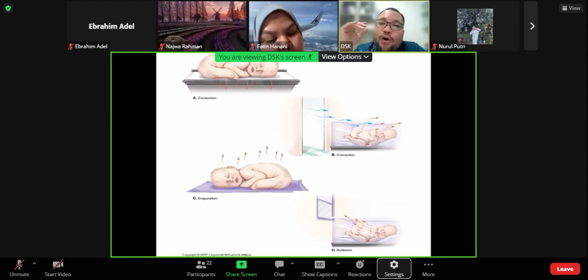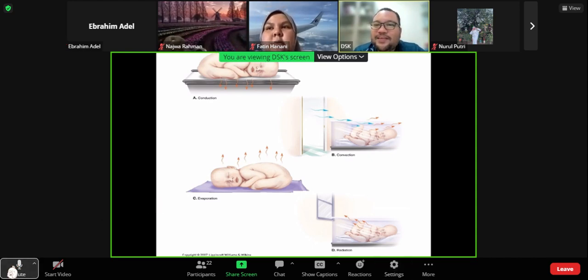Okay, let's look at body surface area. Who has higher body surface area? Adults, or adults is a bit difficult. Okay, who has more surface area, adults or baby? Some say adults, some say baby. So the answer is obviously adult. Adult has higher surface area.